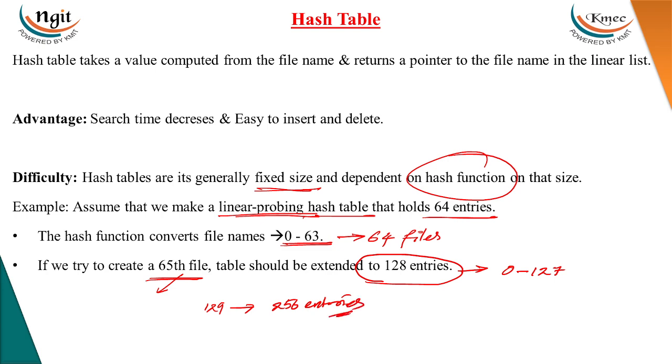So this is a bit of a problem with the hash table, but the problem with the linear list will be overcome with the hash value. The hash table will have a hash function, which converts your file names into integers, and depending upon the hash function, the number of entries will be in the table.